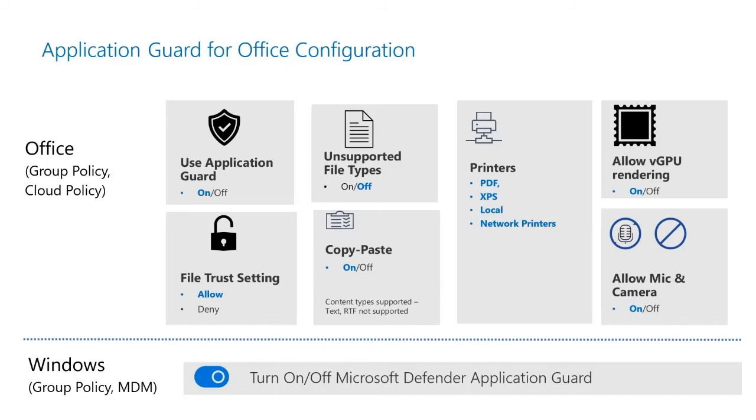You can completely take away that capability. And then the copy paste type, the clipboard controls. Do you want to allow copy paste between the container and the desktop, between the Application Guard untrusted document and the desktop, or not? As well as the camera, microphone, and location: do you want to turn them off for any content which is running inside Application Guard? You can further fine tune those things.